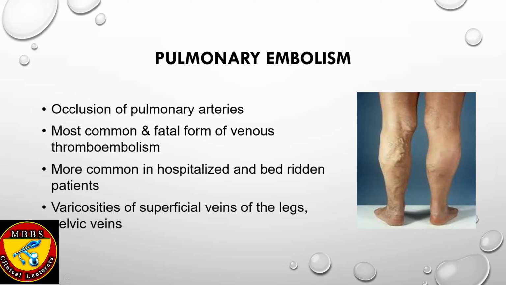Mostly they are asymptomatic, but they can become painful. They can also lead to thrombus formation in the deeper veins, and this is termed thrombophlebitis. And when the thrombus becomes emboli and travels through the circulation, it is termed thromboembolism, right?